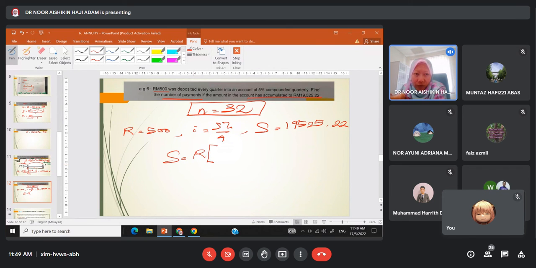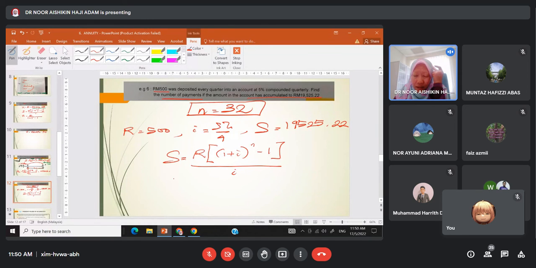But the more you spend time writing down the formula, the more it sticks in your mind. Ini yang you nak tekankan dalam otak you, bukannya soalan. So R times 1 plus I to the power of N minus 1, and then you divide by I. Isi je lah. Okay. Kalau you nak atur dulu pun boleh juga.